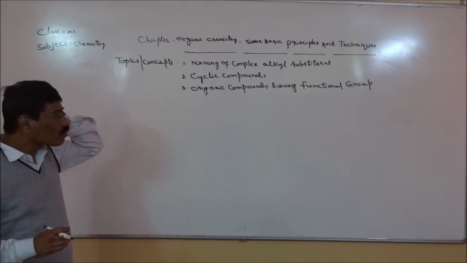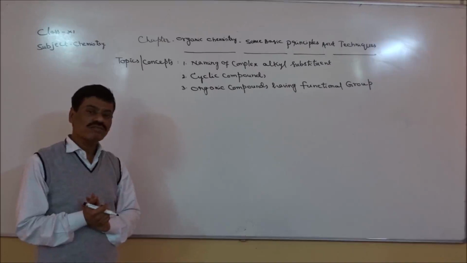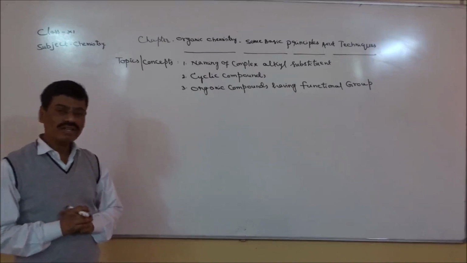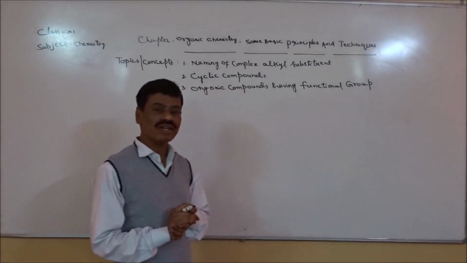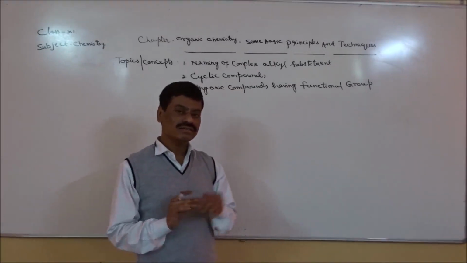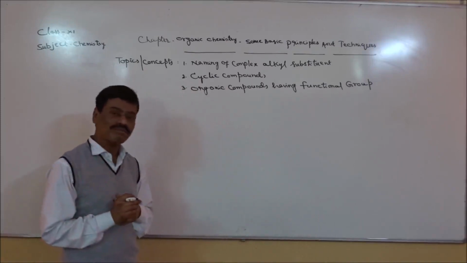So, organic compound having functional group. Any organic compound which has a functional group will have two parts. One is the functional group, that is the active part of the compound, and the second one is the alkyl radical, which can be the long chain hydrocarbon part.